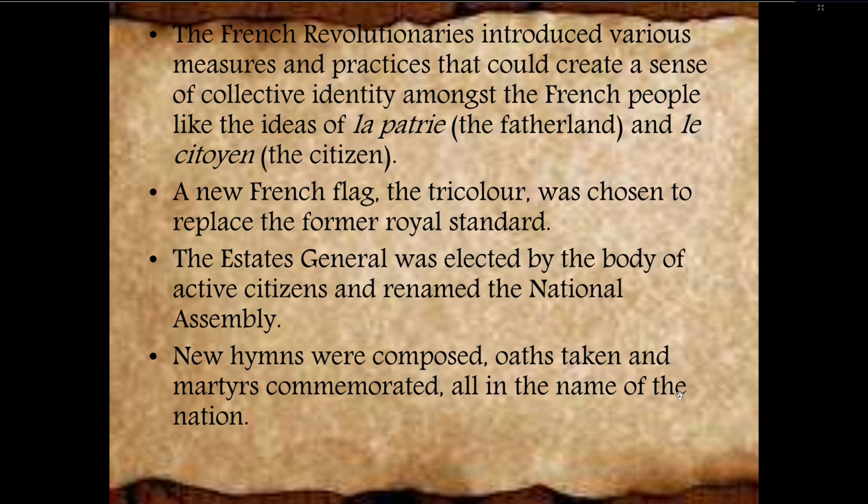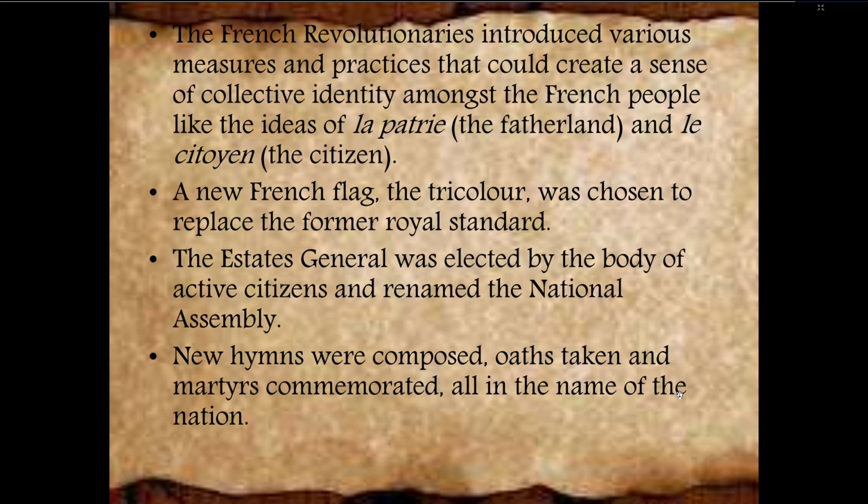A new French flag, the tricolor, was chosen to replace the former royal standard. So after the French Revolution, a new French flag, the tricolor, was introduced, and that tricolor flag replaced the former royal standard. Royal standard means the monarch's flag.